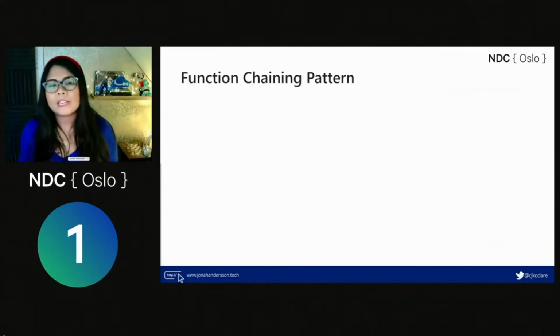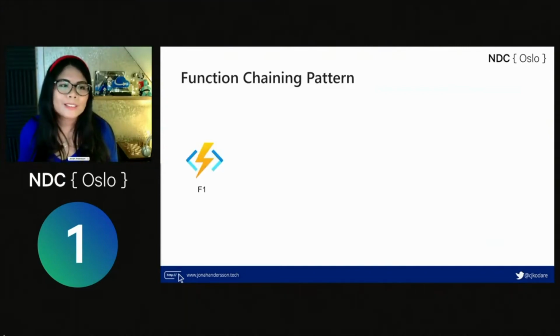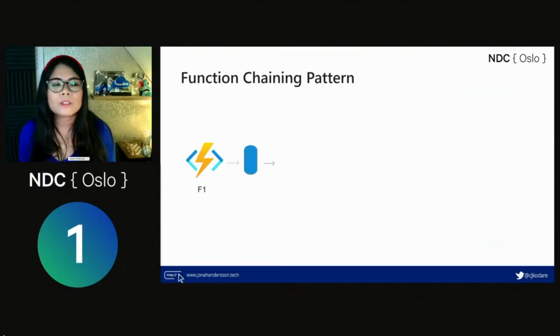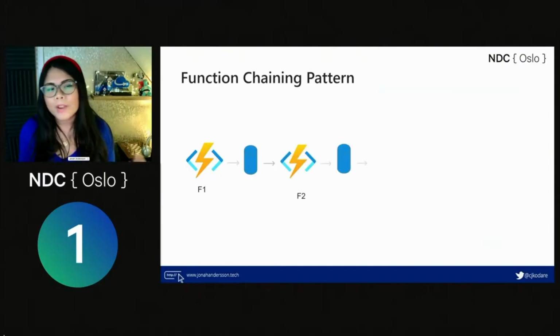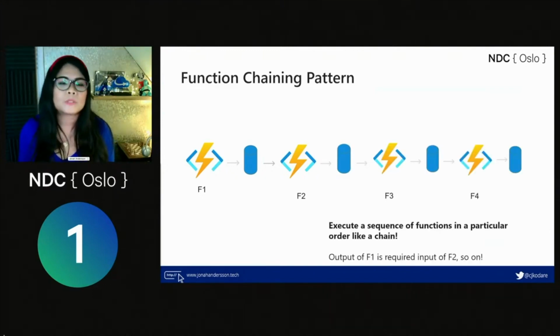So function chaining is the first pattern. As the word itself says, it's a chain or sequence of tasks. We have a first function here that passes the data to function 2, function 2 to function 3, and so on and so forth.